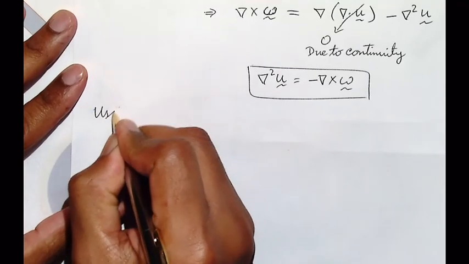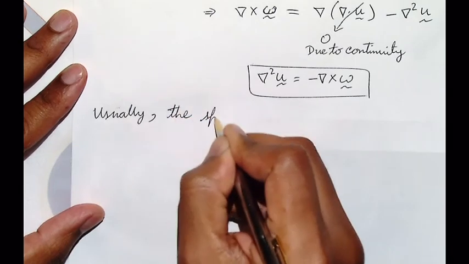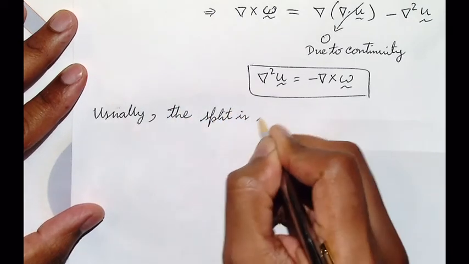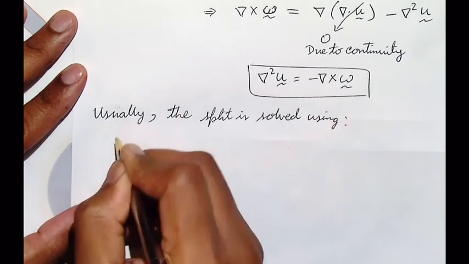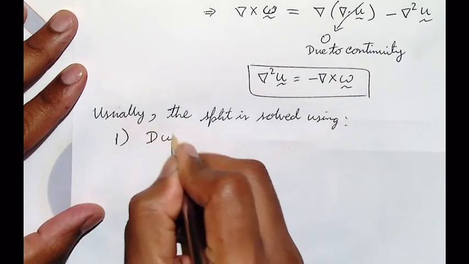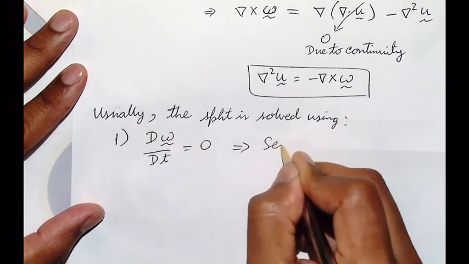So usually, the split is solved using step 1: d omega by dt equals 0 with a semi-Lagrangian advection.